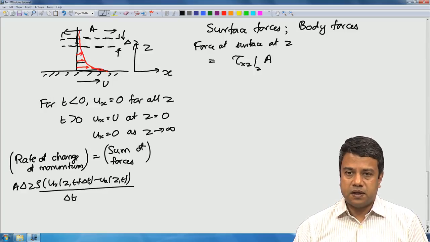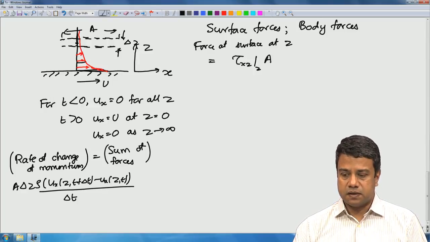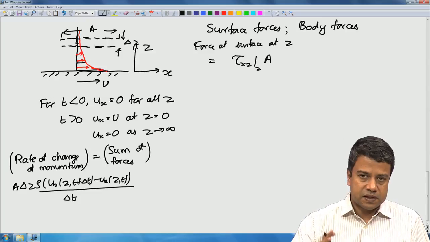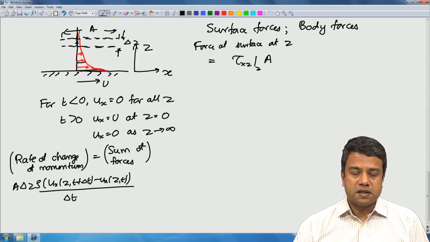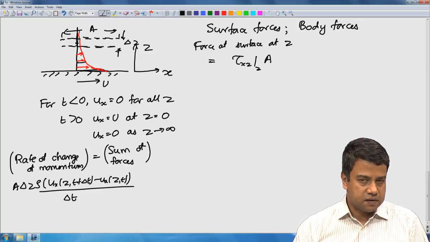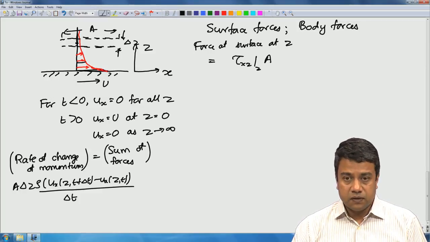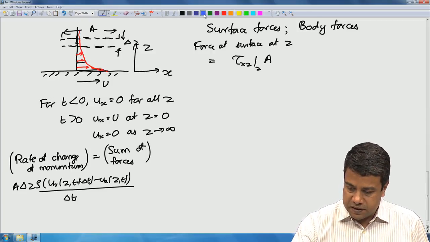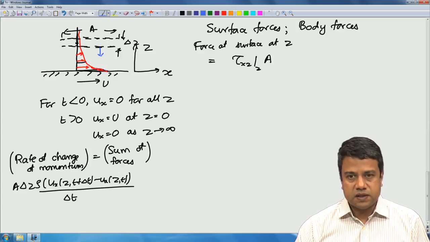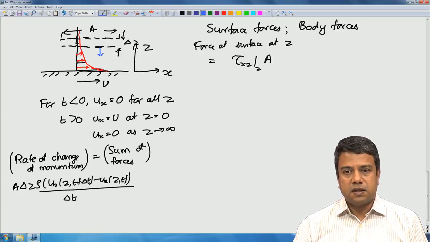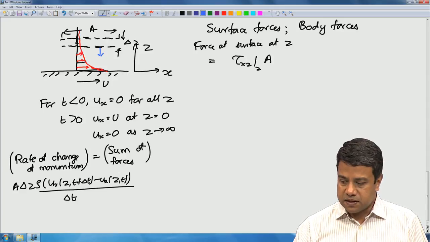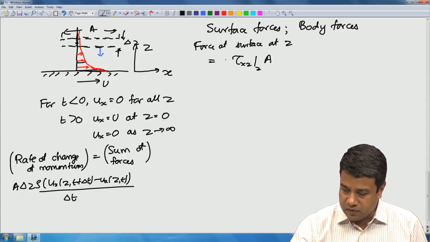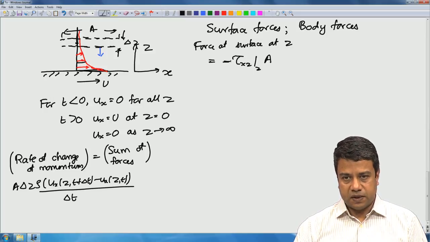Here is where one has to be careful about sign conventions. I told you that in the case of fluxes, the flux is positive if it is going in the plus z direction. In this particular case, the force is considered to be positive if it acts at the surface with outward unit normal in the plus z direction. Look at the bottom surface. At this bottom surface, to this volume, the outward unit normal is in the minus z direction. Since the outward unit normal is in the minus z direction, the force exerted at this surface is going to be equal to minus tau x z at the location z.